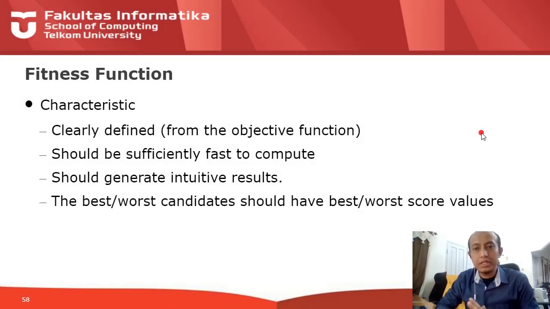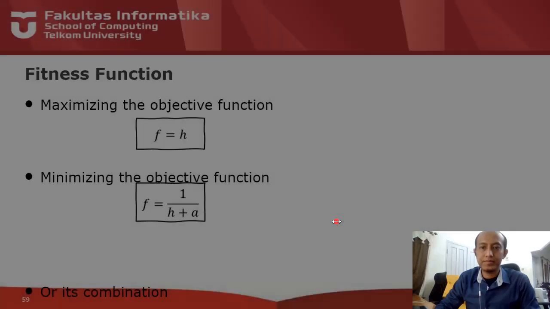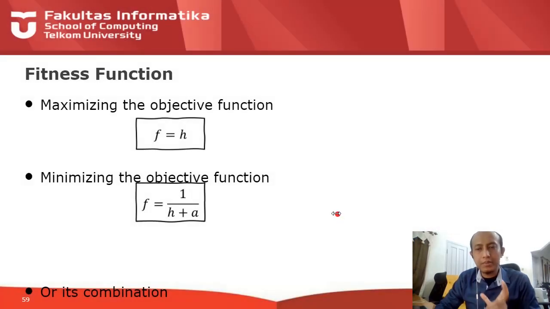The fitness function needs to fulfill these characteristics: clearly defined from the objective function, sufficiently fast to compute, generate intuitive results, and the best or worst candidates should have the best or worst score values. These are examples of fitness functions.